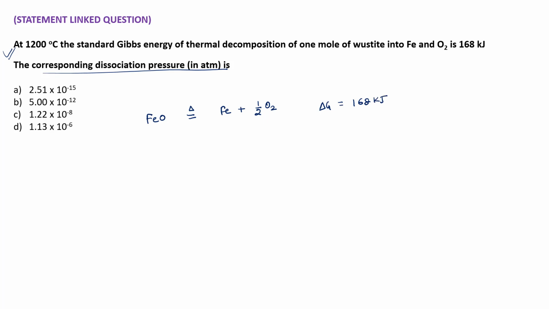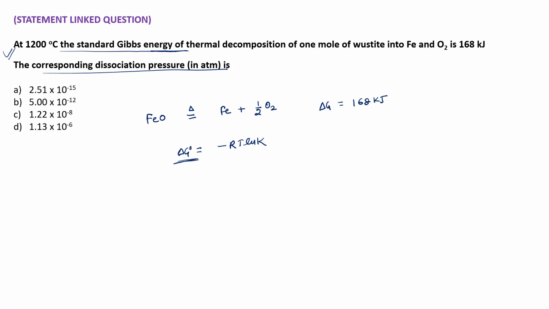Now guys, we know delta G is equal to minus RT ln K. Basically this is delta G naught, so delta G naught is equal to minus RT ln K. Here it is given the standard Gibbs energy, so we write delta G naught.